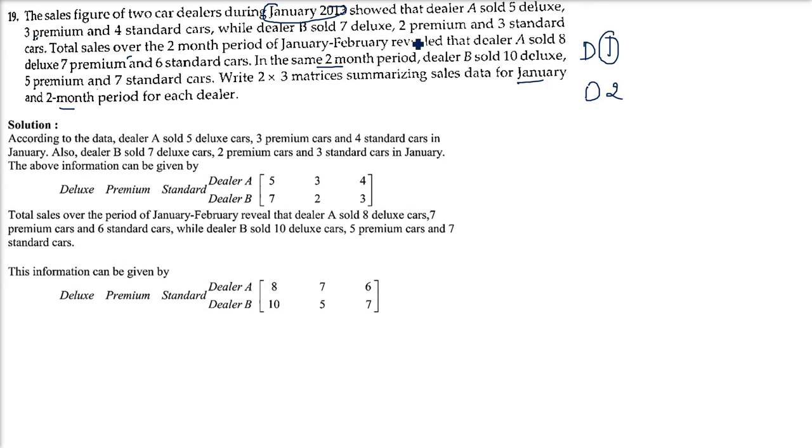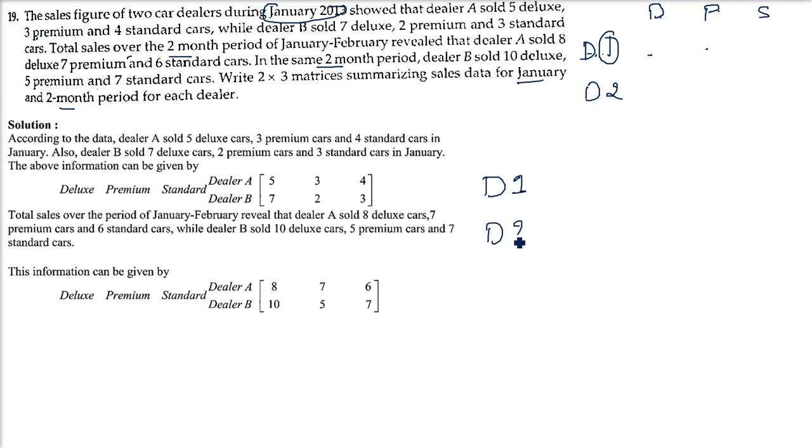What was the sale of dealer 1, and how many did dealer 2 sell? First we'll talk about dealer A with DPS, that is deluxe, premium and standard. For dealer 2 also, we'll do the same: deluxe, premium and standard cars. So the first row corresponds to the first dealer for that period, but we will have to do it for 2 different periods. I am doing it for January 2013 now.